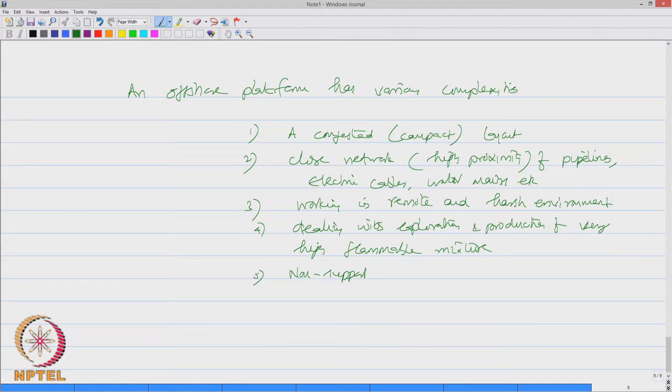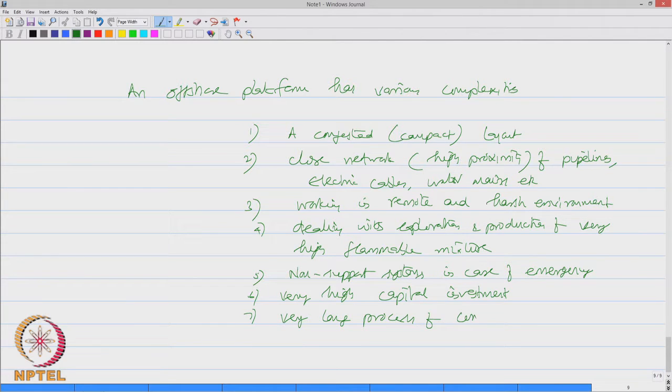Non-support systems in case of emergency, very high capital investment and very long process of commissioning another new facility, what we call as the downtime.